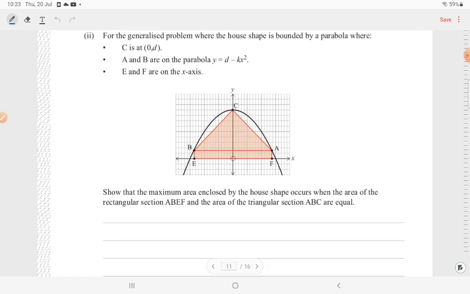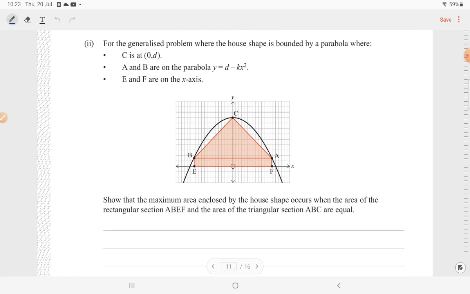For the generalized problem where the house shape is bounded by a parabola where C is at 0, d, A and B are on the parabola d take away kx squared, E and F are on the x-axis. Show that the maximum area enclosed by the house shape occurs when the area of the rectangular section ABEF and the area of the triangular section ABC are equal.